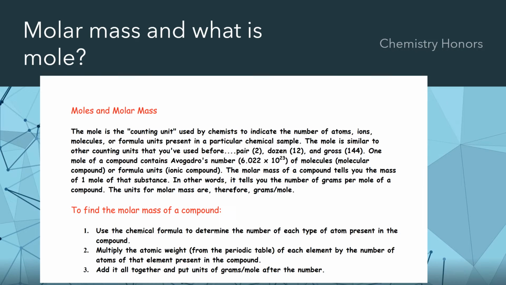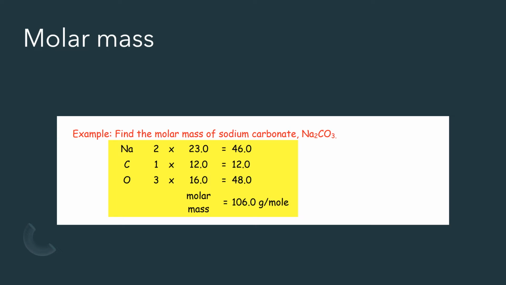carbon dioxide. Molar mass. Here's an example of a molecule of sodium carbonate. So here the chemical formula for that being Na2CO3. Carbonate has a formula CO3, and sodium is represented by the letters Na. So we need to find what is the atomic mass of sodium, multiply that by 2.